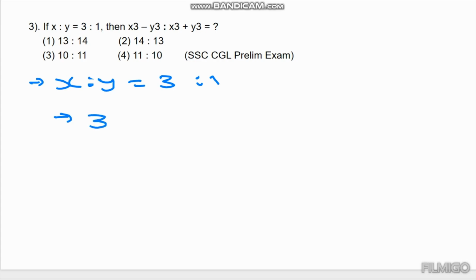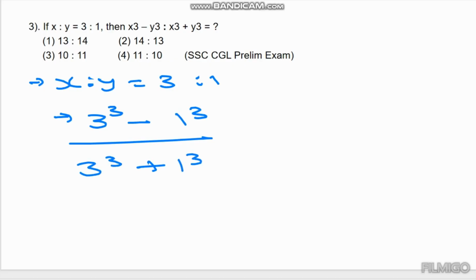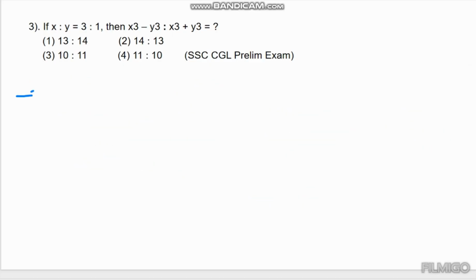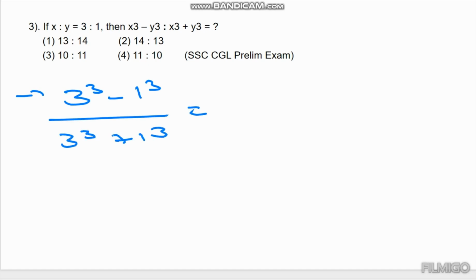So 3 cube minus 1 cube by 3 cube plus 1 cube, which can be written as 27 minus 1 by 27 plus 1.